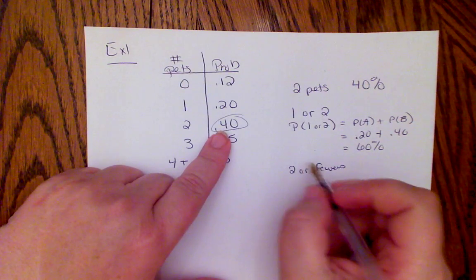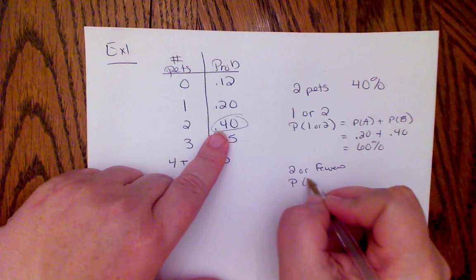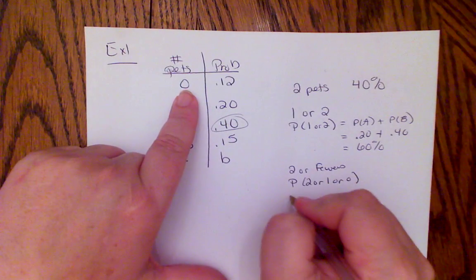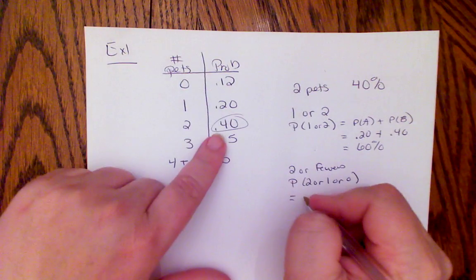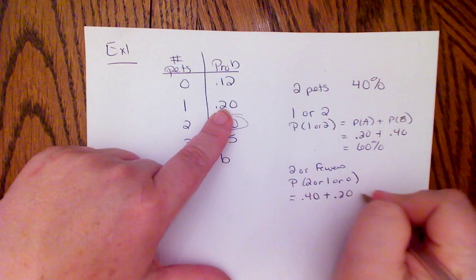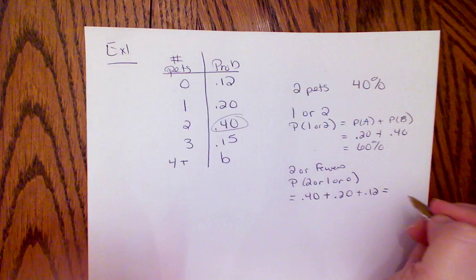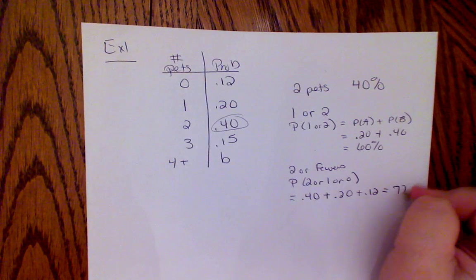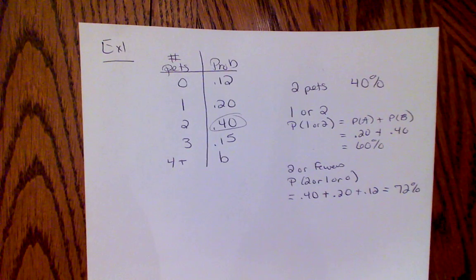So 2 or fewer is the probability of 2, or the probability of 1, or the probability of 0. Again, that's your addition rule. That's 0.4 plus 0.2 plus 0.12. When we add all these together, that's 60, plus 12, is 72% when we convert it to a percent.